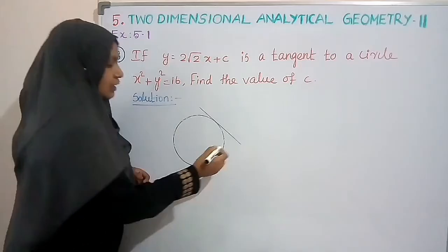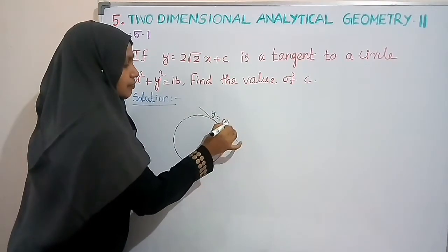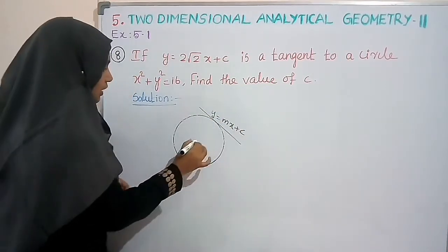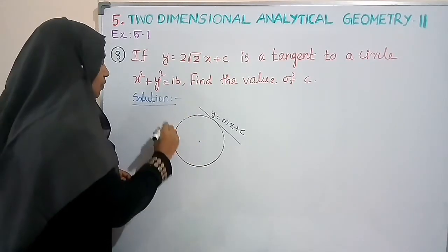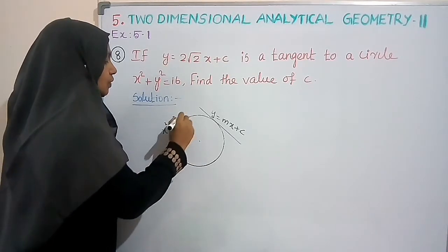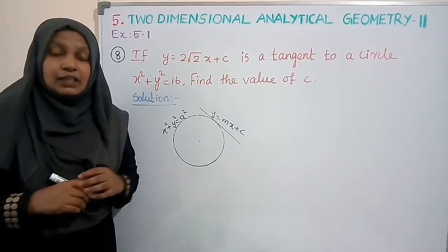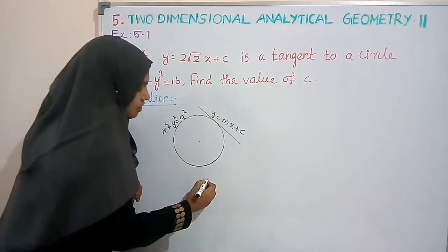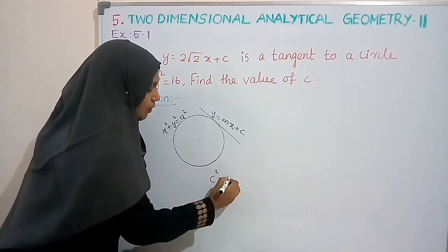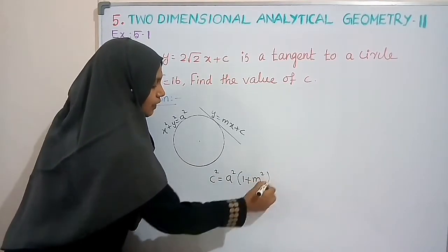See, the straight line equation is y is equal to mx plus c, and the circle with center at origin has the equation x square plus y square is equal to a square. We have to check whether the given line is a tangent line. Then we must check this condition: c square is equal to a square into 1 plus m square.